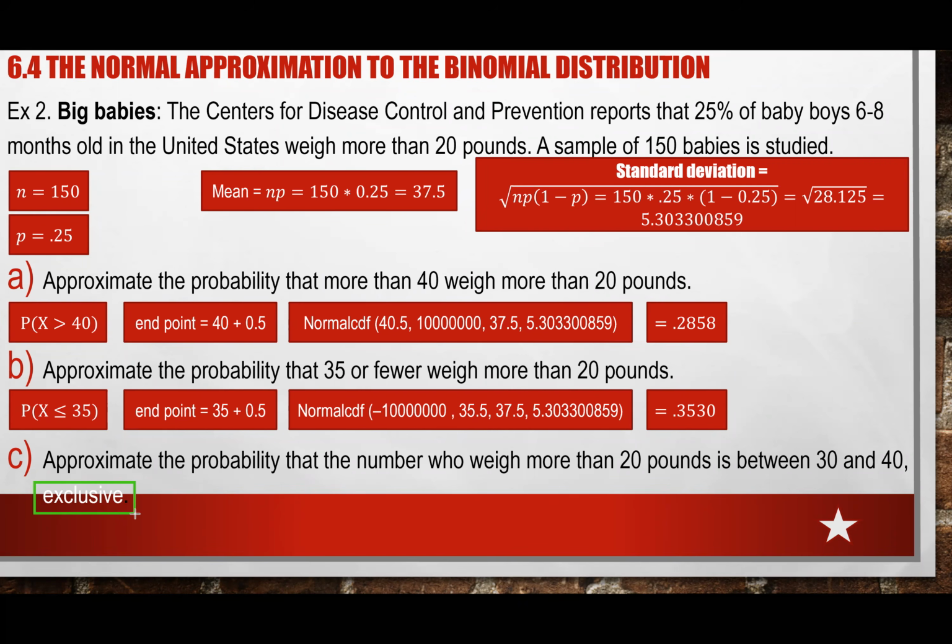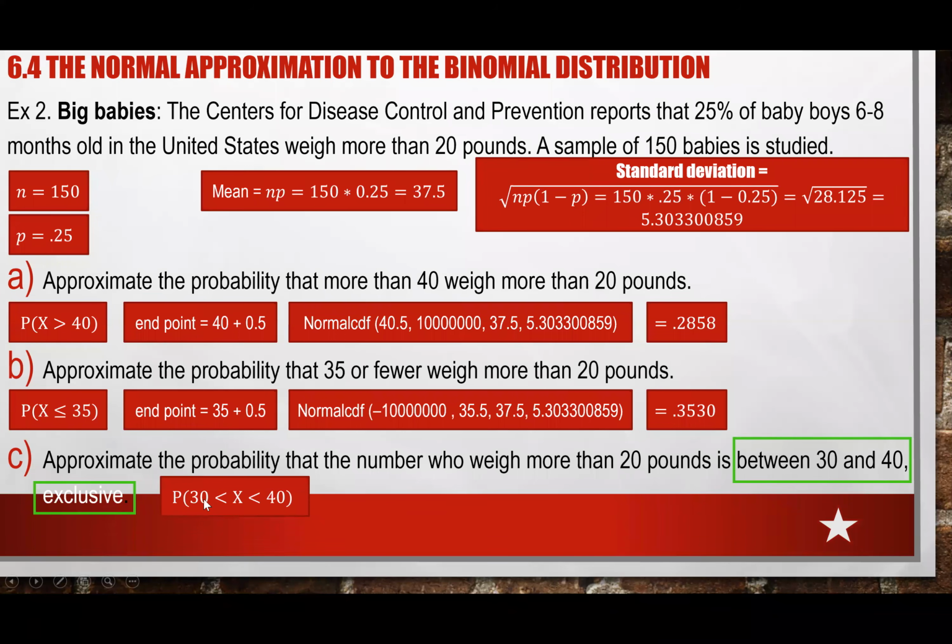In this case, they ask you to approximate the probability that the number is between 30 and 40, right? So in this case, we exclude the endpoint, meaning we find the probability of 30 less than X less than 40, where the number of successes is between 30 and 40, not including the 30 and the 40.